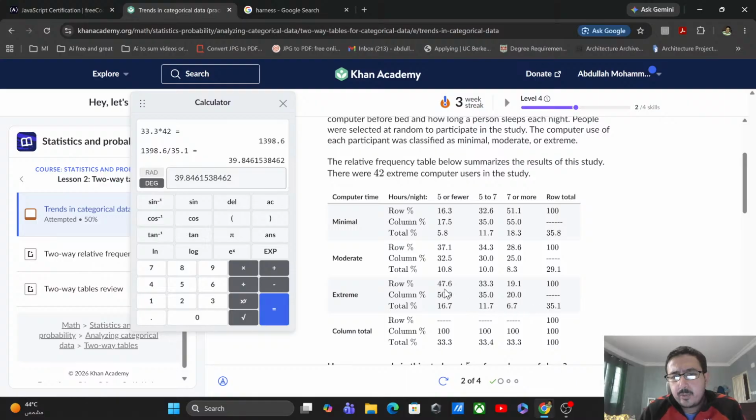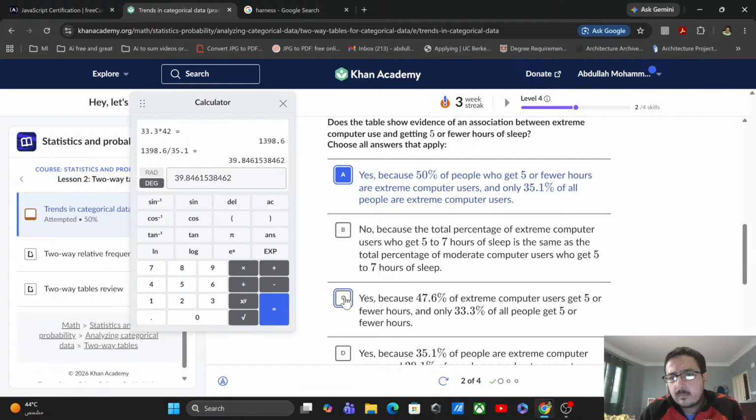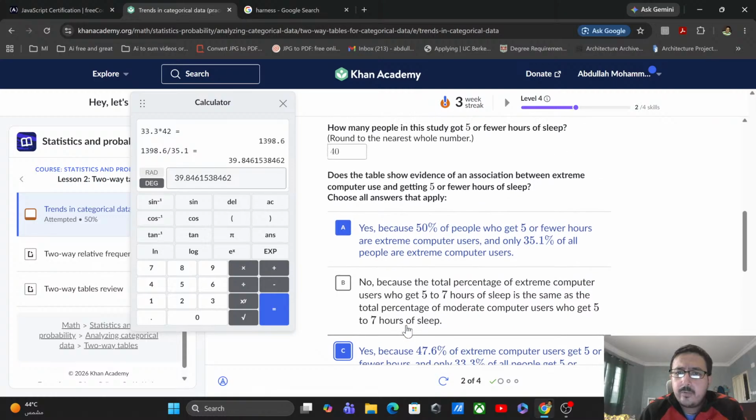There is 47%. Only 33% of all people get 5 or fewer hours.